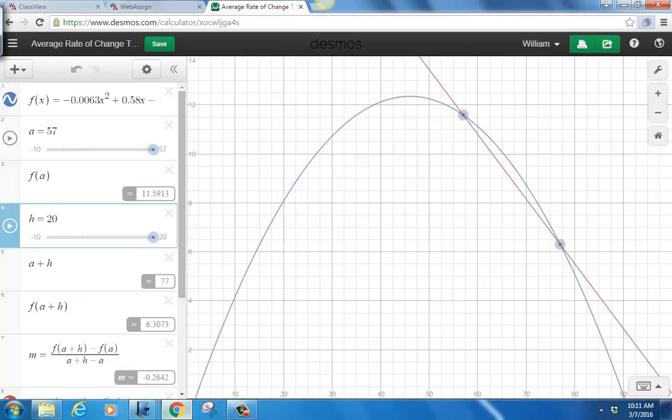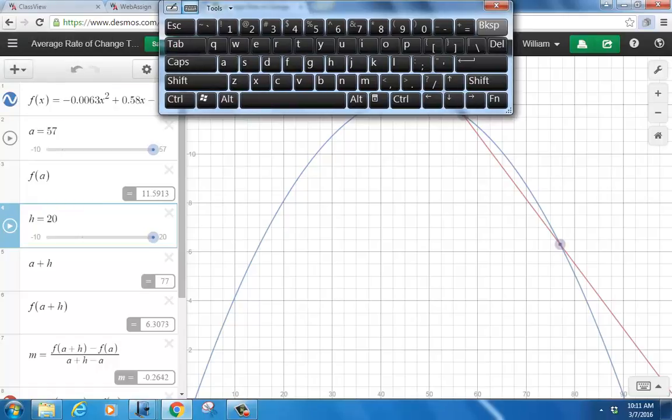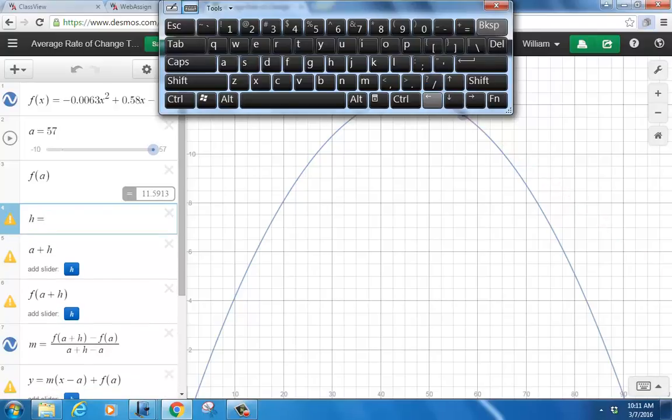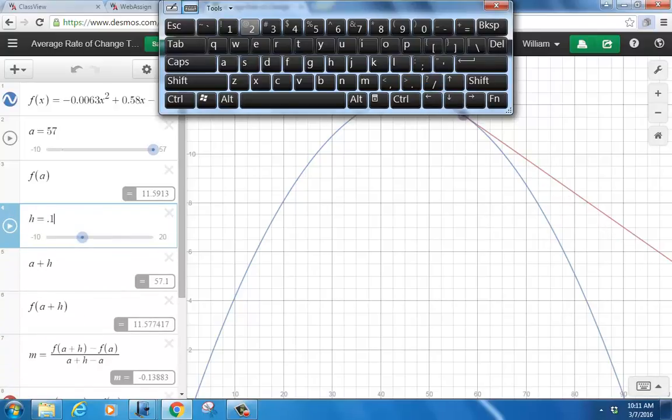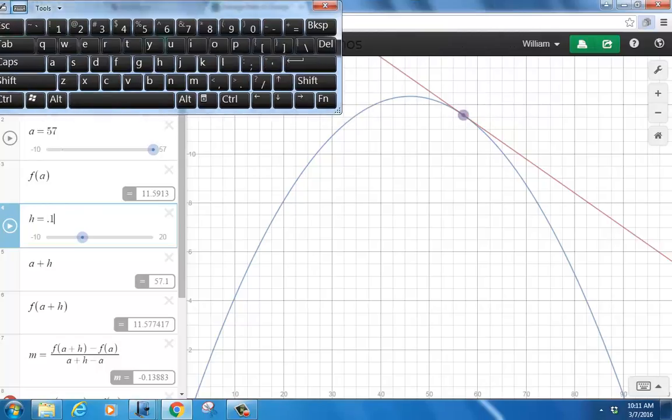All right, so let's cut right to the chase. When you're filling out the table, you want to fill in those different increment values that are suggested in the table, but let's speed things up a little bit and go right to a fairly small increment. So let me go right to 0.1. I skipped over the 10 and the 5, those first couple of rows in the table, and jumped right down to an increment of 0.1.